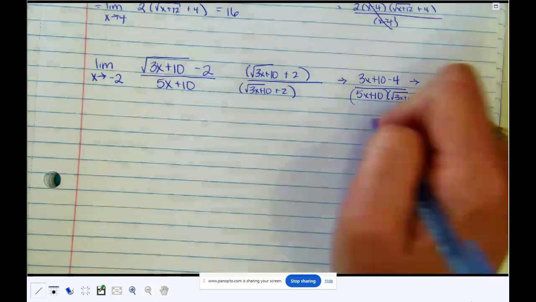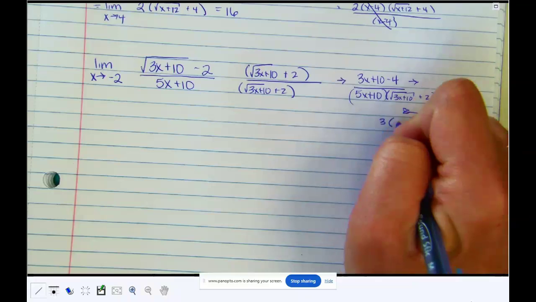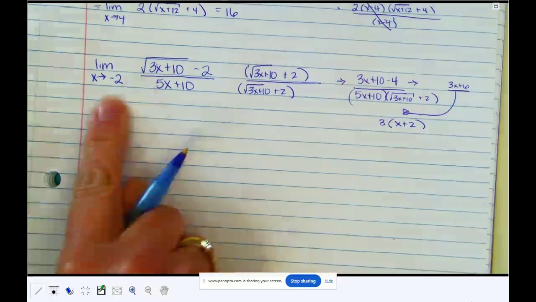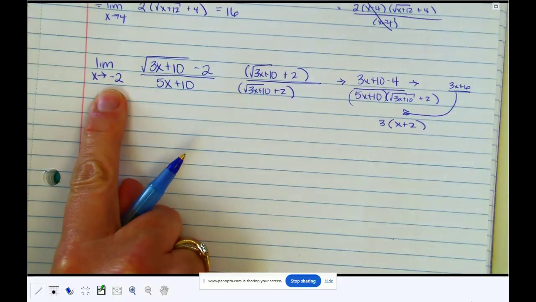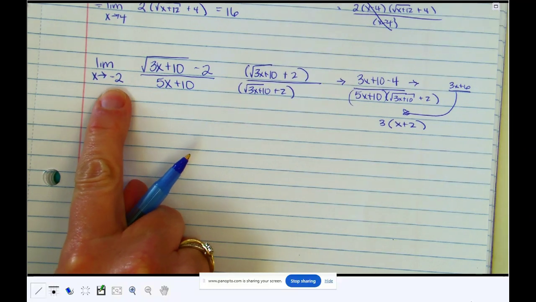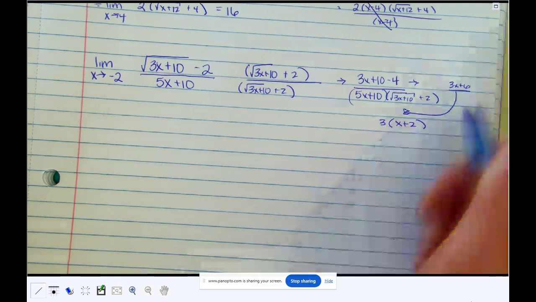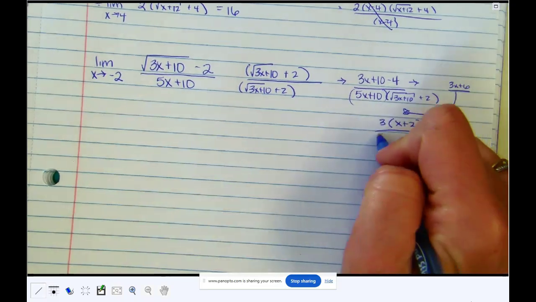Undistribute your 3 on the top, leaving it with x plus 2, which you go back to here. If you don't know, go back to this and realize there is still a hole in there because we haven't taken it out, and the hole is at x plus 2. So it's got to have an x plus 2. And you take the 5 out.